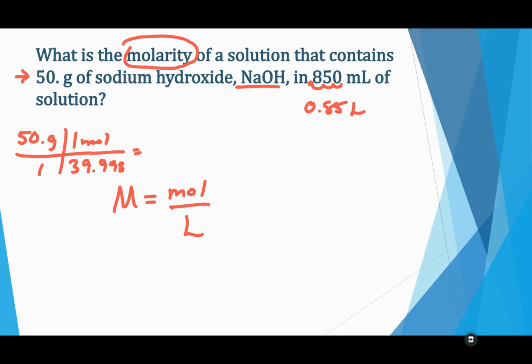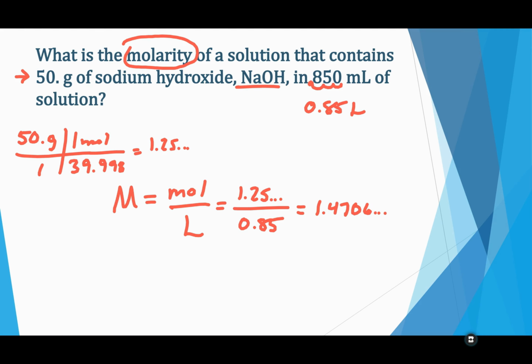So 50 divided by that number is approximately 1.25, a bunch of zeros. So now I can just technically divide. In my calculator, I'm going to use this number, 1.25, all that, divided by 0.85. I end up with the following: 1.4706, etc.